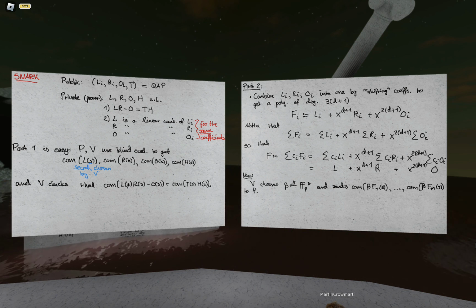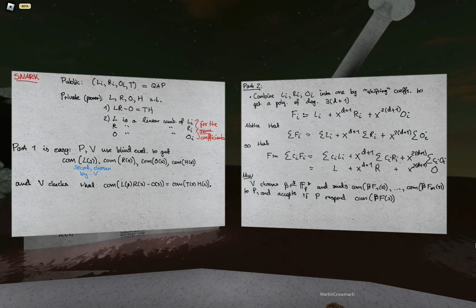Of course, the verifier knows this secret s, and the Fi's are public knowledge, so the verifier can do this. And we're going to accept the overall proof if P manages to respond with a commitment to beta f of s.